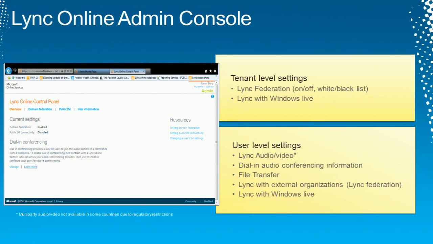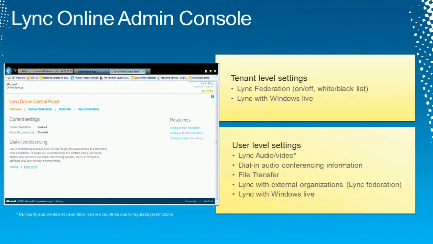There's also a whitelist option to allow only specific domains to federate with the tenant, and also a blacklist. So if you do open federation, you can block specific domains if you think that's necessary. And then the other tenant level setting is Lync with Windows Live, whether you want it on or off.